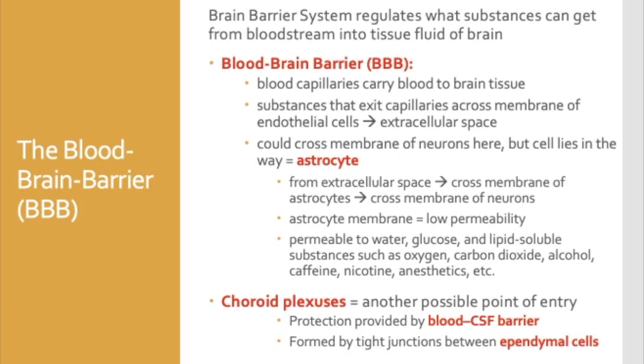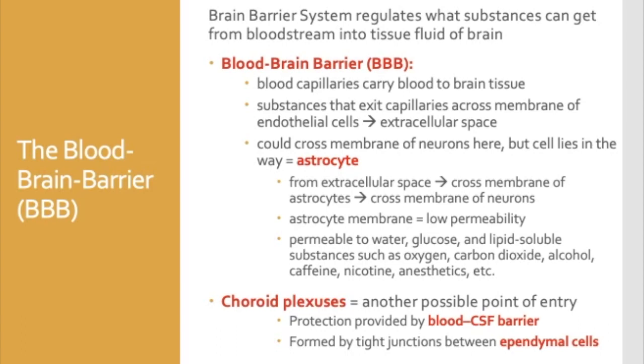Remember that blood feeds the brain. It comes up through the blood vessels that we've discussed, enters into smaller and smaller vessels until finally it goes into the capillaries that are most closely associated with brain tissue. Substances can exit those capillaries by crossing through the membrane of the endothelial cells, the cells that line blood vessels.